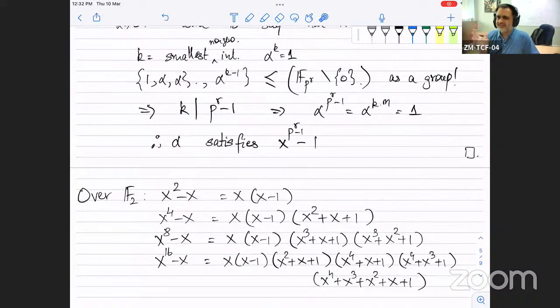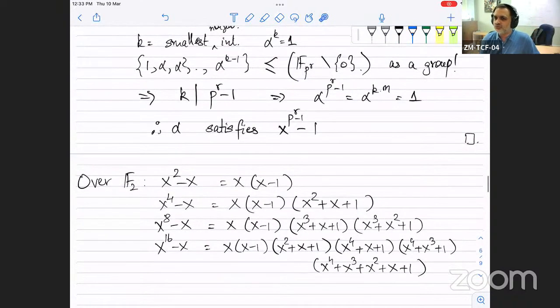Now let's ask ourselves mentally: suppose you wanted to add a root of the polynomial x squared plus x plus 1 to F2, like we added one of those principal roots of unity and so on. What would you do?